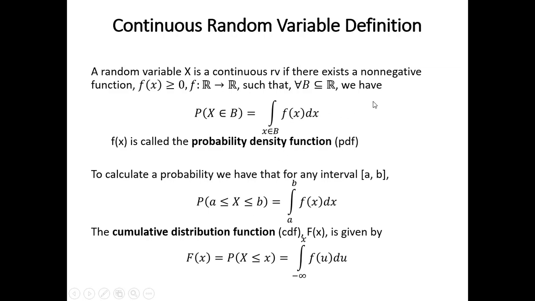So here's the formal definition of a continuous random variable. We'll say a random variable X is a continuous random variable if there exists a non-negative function f(x), always greater than or equal to 0, f maps the reals to the reals, and for every subset B contained in the reals, we have the probability that X is an element of B is equal to the integral over B of f(x).